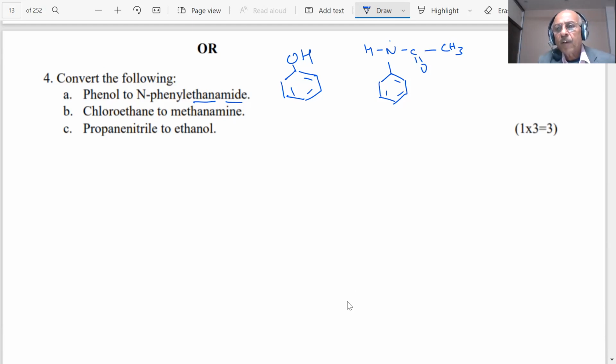So if I write CH3, C double bond O, NH2, students, it is clear, this is ethanamide. Now you have one hydrogen replaced by a phenyl group. That becomes N-phenyl ethanamide. Now you have to convert this into this, students.